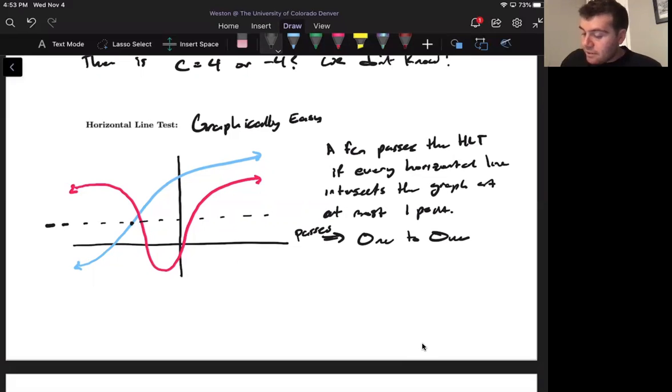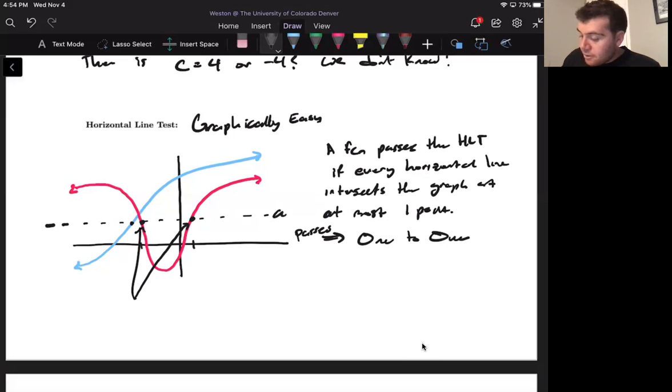This red function, as we can see from this line we just drew, is not one-to-one. We have these 2 points that map to the same output, where this line maybe at a.